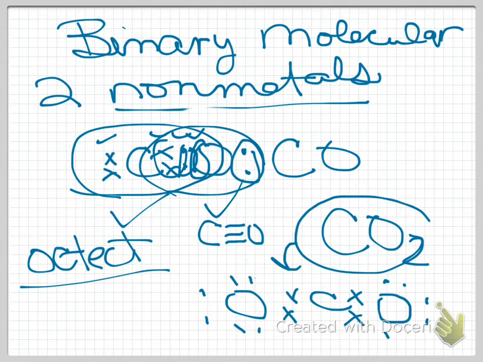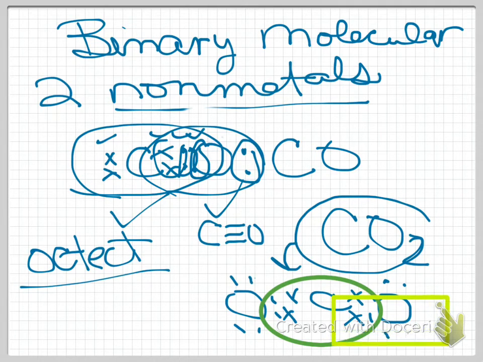If we were to instead move these outside ones and place them in the middle, now each is feeling the effects of 8. Here are our carbons, 8 that it's feeling.